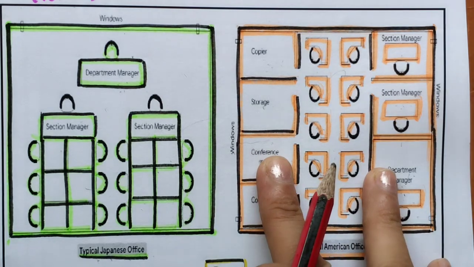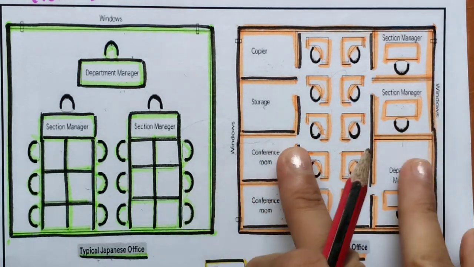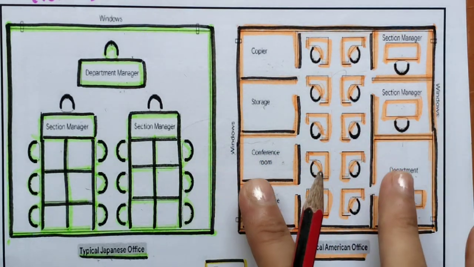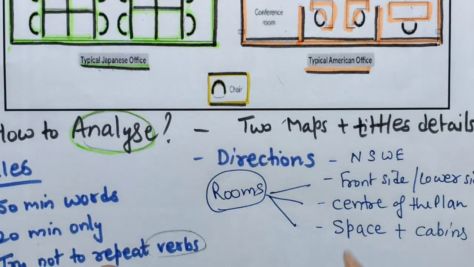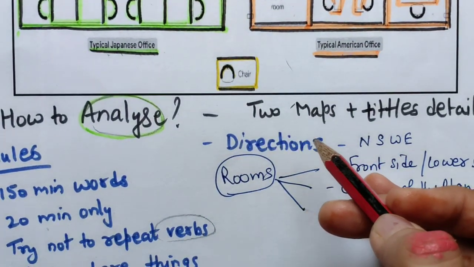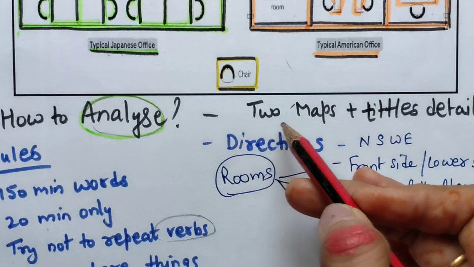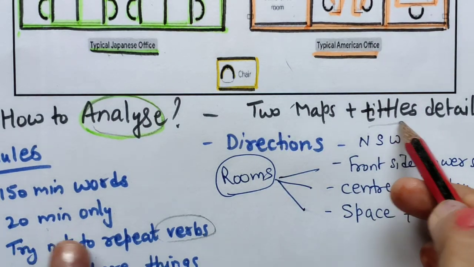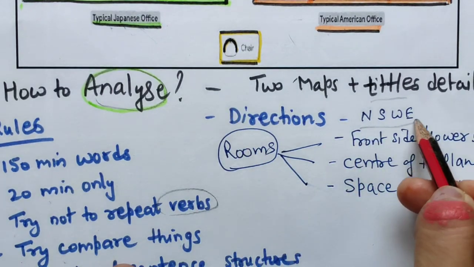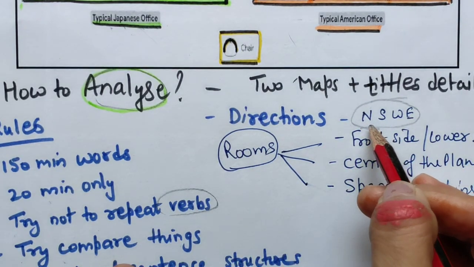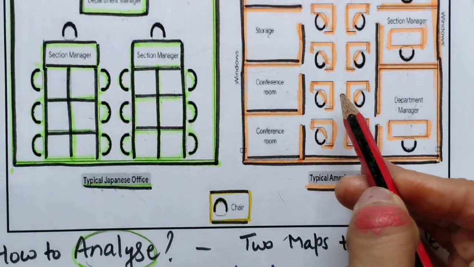Here there is nothing to show about highest and lowest points. Okay, so comparison we can do. Now what we have just done: we looked at the question statement, we found 2 maps or plans, titles also we have read, Japanese and American, and directions also if you want to use them. But everywhere here we will not be using directions.